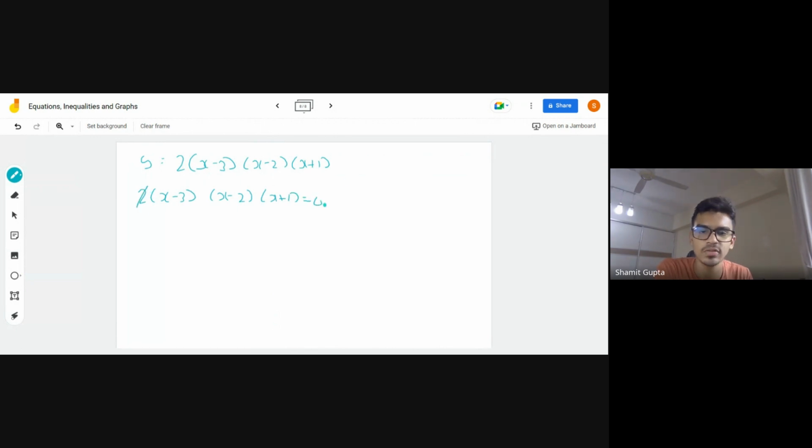This 2 just cancels out in the division, so your x-intercepts are the same. But for your y-intercept, when x is equal to 0, it will be -3 times -2 times 1 times 2. So your y-intercept becomes 12 actually. And because of that, the stretchiness, the slope of your graph at different points changes slightly. Similarly with the modulus, it will change slightly.